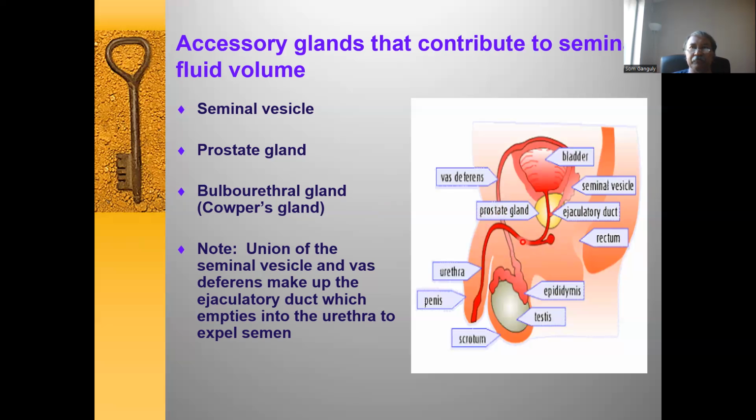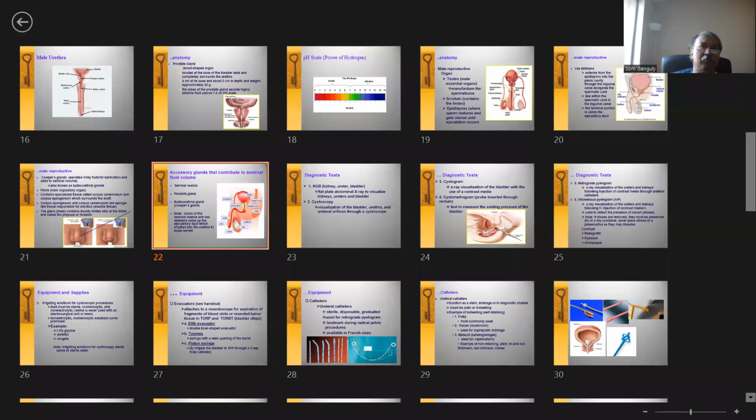All of this fluid empties into the urethra and makes the volume of the semen. The semen, as you can see, comes through the vas deferens at the backside of the prostatic urethra. So accessory organs control the fluid and contribute the seminal fluid volume, which is alkaline in nature and allows the sperm to live and function.